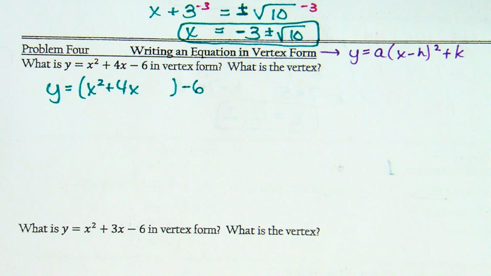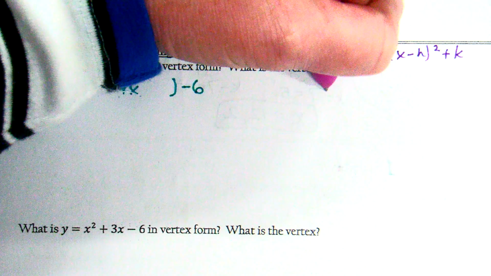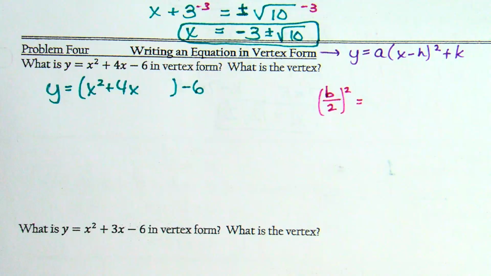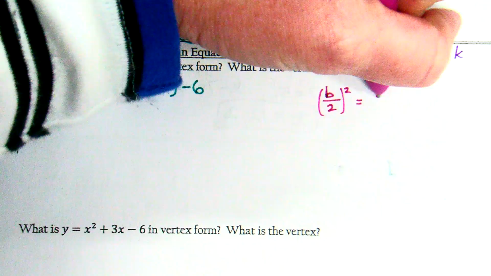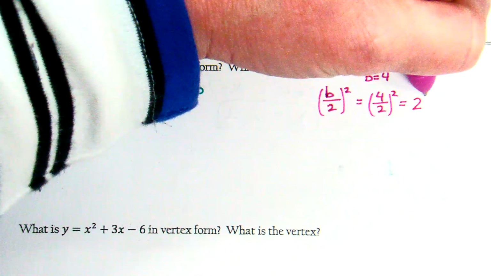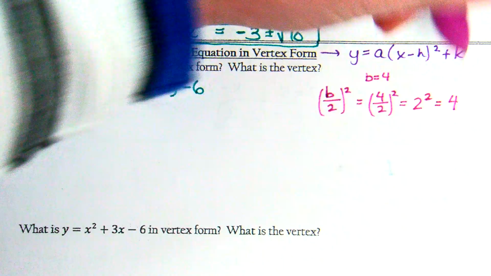Well, the gap is for step 2. What's step 2 normally? The B step. Add b over 2 quantity squared to both sides. Now, we're going to have to tweak that add-it-to-both-sides thing, but you know the gist of it. So b over 2 quantity squared. What is b? B is 4. So 4 divided by 2 quantity squared. 4 divided by 2 is 2. 2 squared is 4.